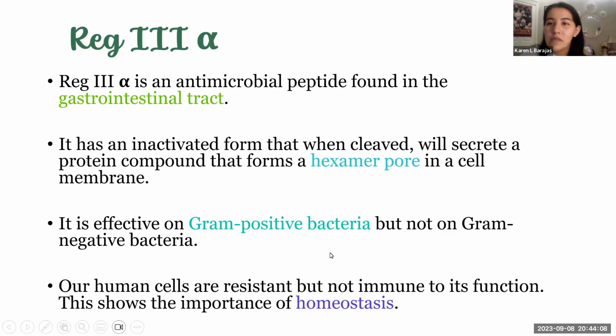And for the most part, it affects the gram-positive bacteria and not the negative. And our human cells aren't immune to its function, which is why homeostasis is extremely important, or else we would die if there was an unregulated amount of this activity by REG3 alpha and antimicrobial peptides.